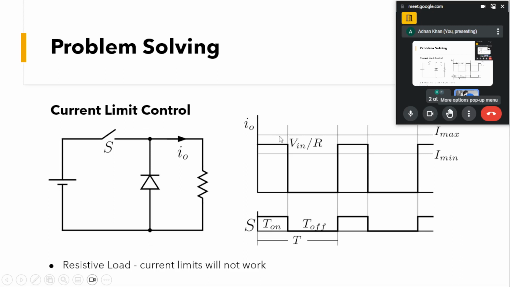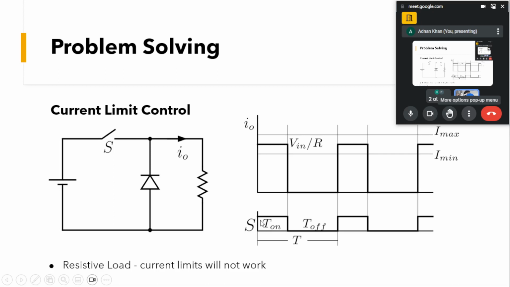So if we have defined the band here, I max to I min, our current flows through that band, but it will be on for a certain portion of time. It will be a constant current.